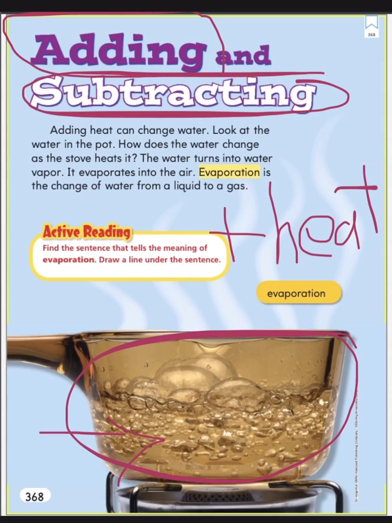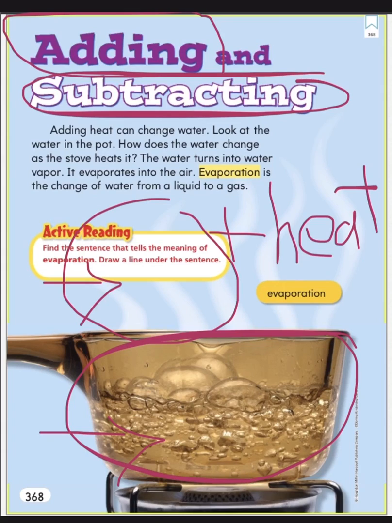What will come? Look at the top of the pot. Do you see what we have? We have steam, steam coming out of the pot, yeah? So this steam is in the form of what? Good job. It's gas, yeah? So, do you see the liquid water? When we added heat, it became gas.